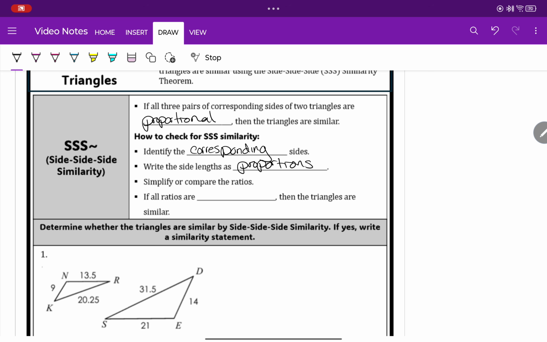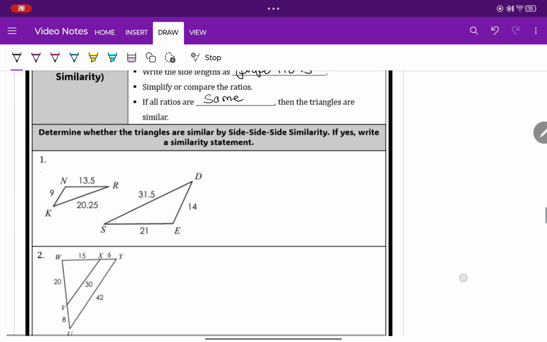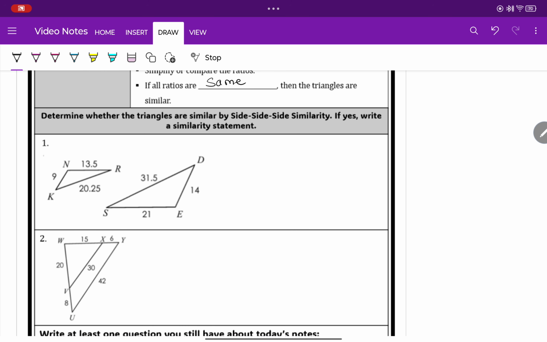And then I'm going to either simplify or compare my ratios. Remember, a proportion is a ratio. If all my ratios are the same, then the triangles are similar. And we're going to look at a couple examples below to see if we have proportional sides making our triangles similar.